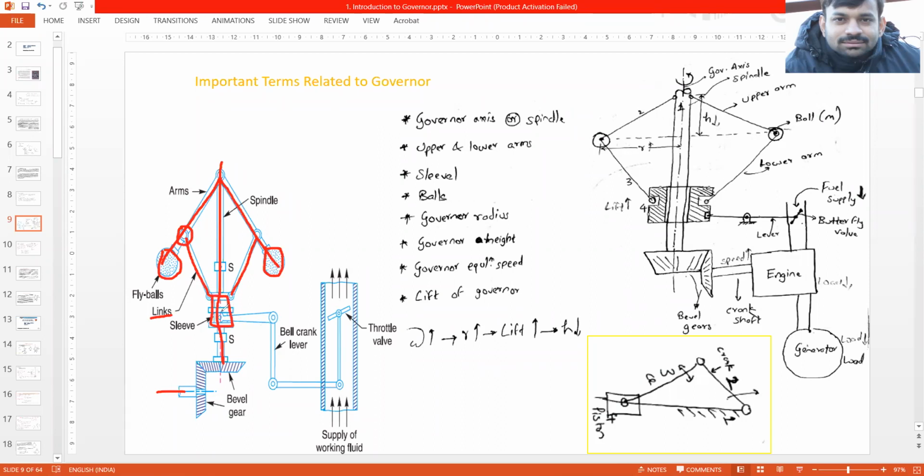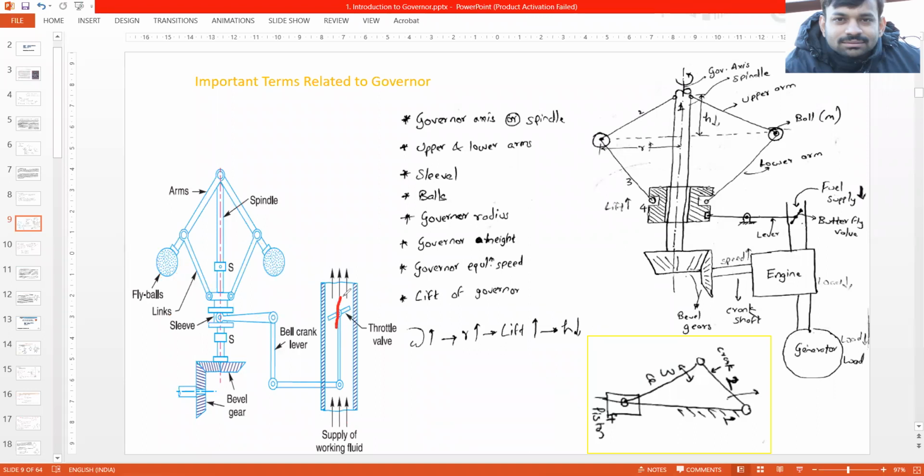Okay, this entire thing is the sleeve, and this sleeve is connected to the lever, and that lever is connected to the throttle valve, and this throttle valve controls the supply of the fuel or the working fluid. Okay, so as the sleeve moves up or moves down, according to it, this throttle valve will change its position.